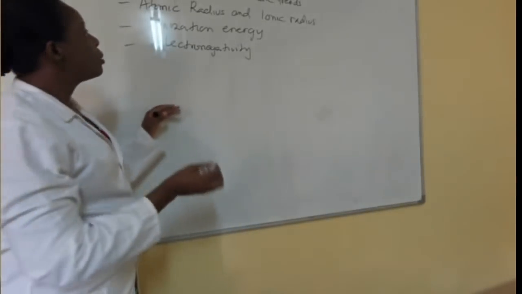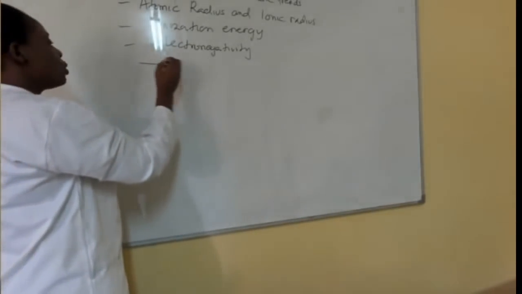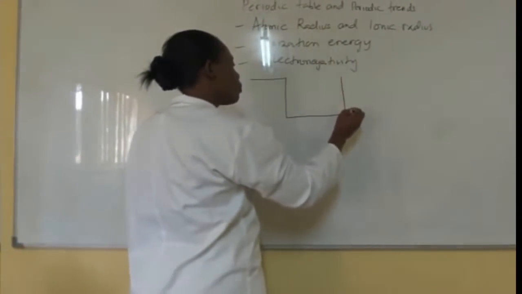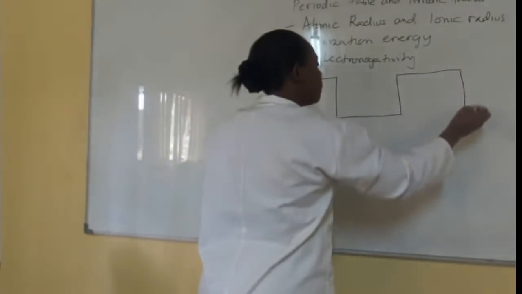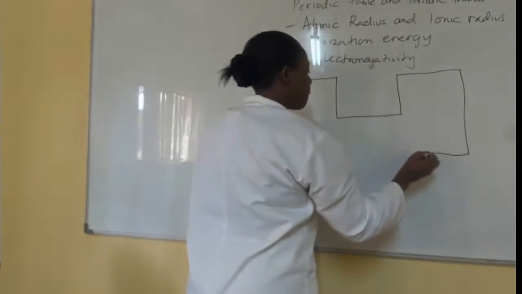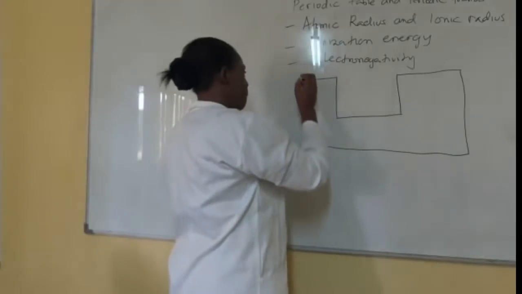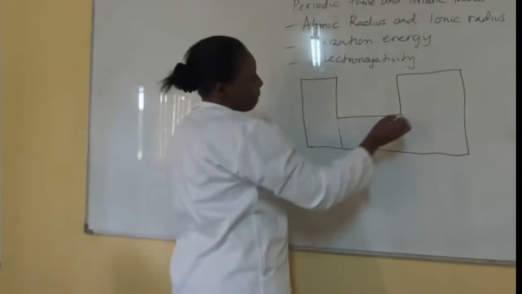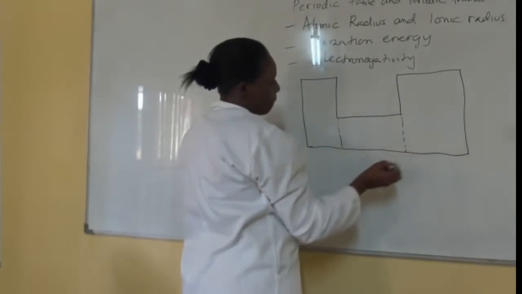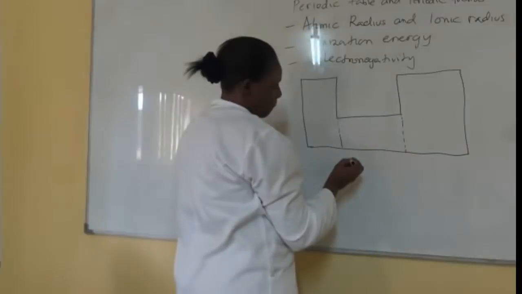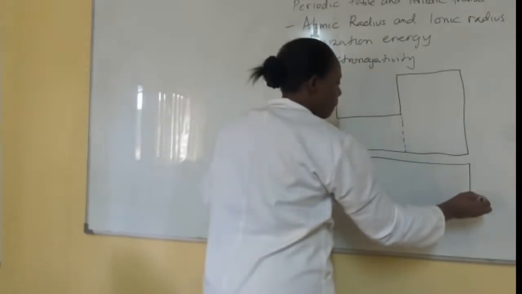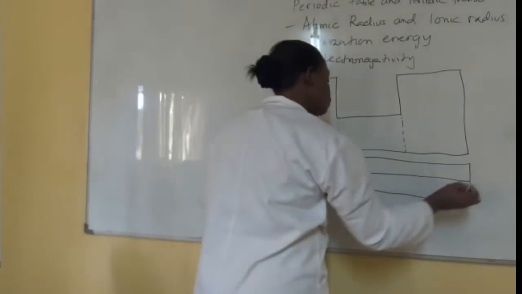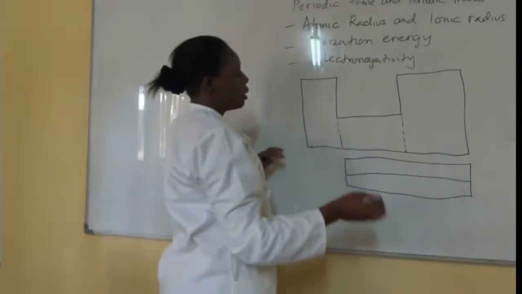So by trends, basically, of course, when you look at your periodic table, you refer to your notes so that you are able to see what I'm talking about.